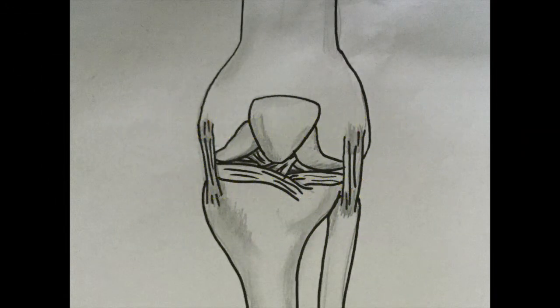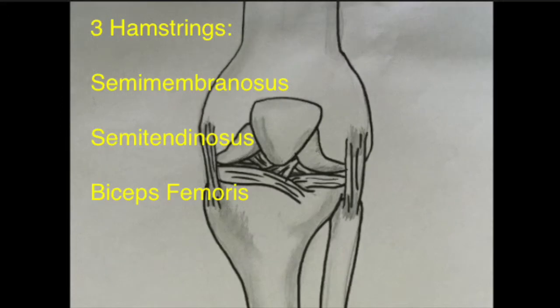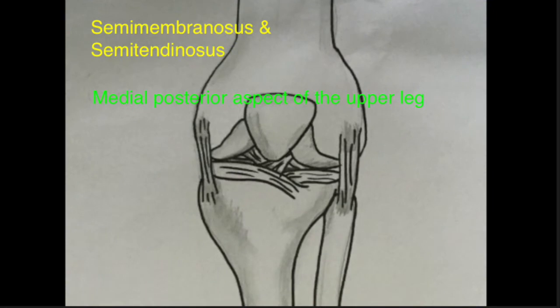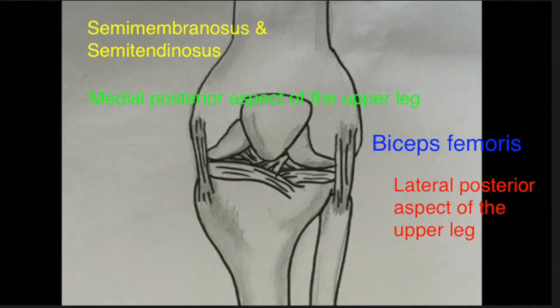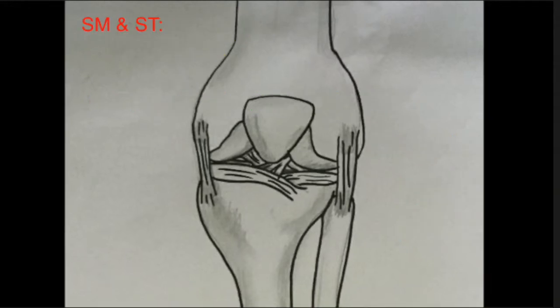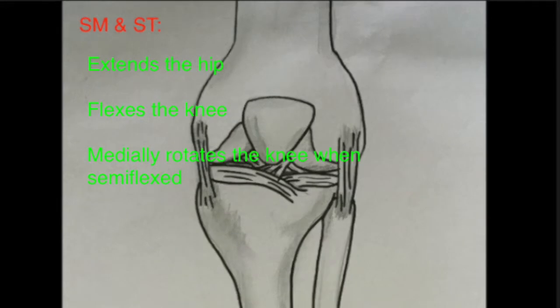As for the hamstrings, there are 3: semimembranosus, semitendinosus, and biceps femoris. Semitendinosus and semimembranosus are both more on the medial side at the back of the leg, and biceps femoris is on the lateral side of the leg at the back. Semimembranosus and semitendinosus extend the hip, flex the knee, and medially rotate the lower leg when the knee is bent.